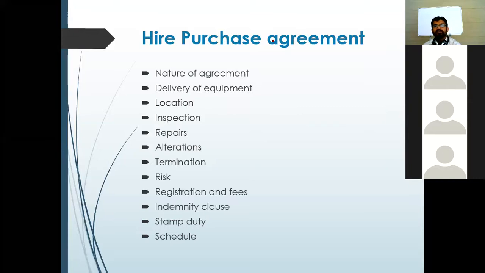Then we went on to understand what a hire purchase agreement is, and what its various clauses and contents are. Starting with the nature of the agreement, that is, the terms and conditions on which the agreement has been agreed upon or signed.